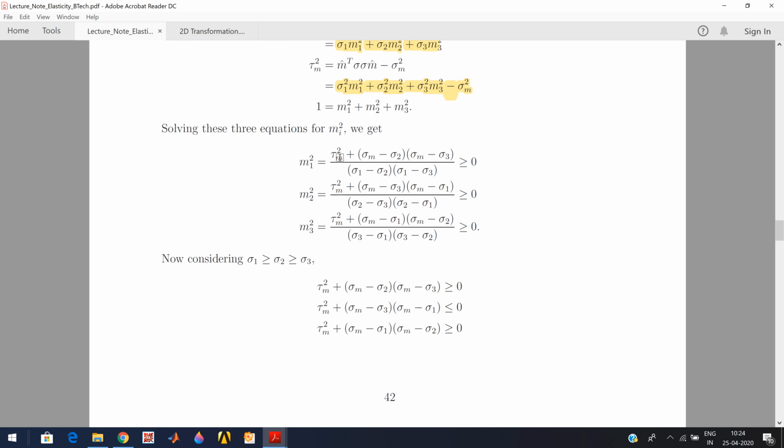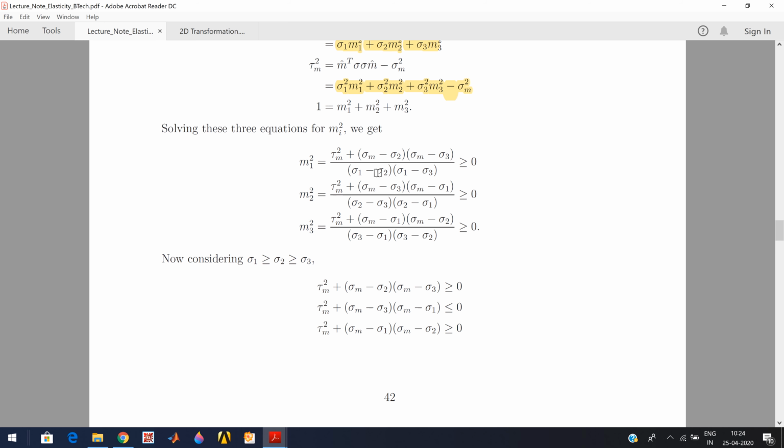You can see in the top, in the numerator, you'll have tau m and sigma m, and in the denominator, you'll have the sigmas, sigma 1, sigma 2, and sigma 3.